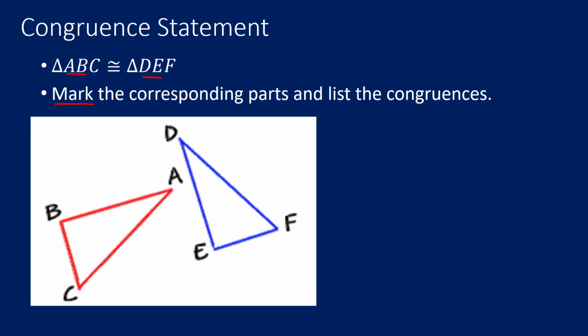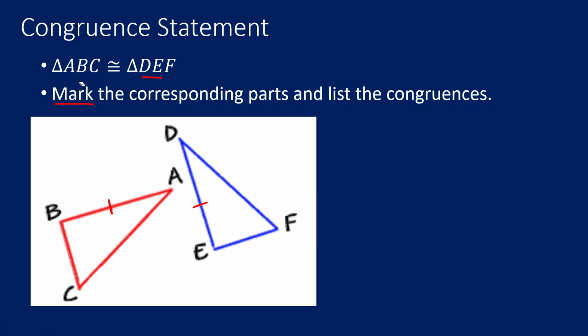It's easy to eyeball this one and see it, but occasionally it's not going to be clear which segment is going with which, so we need that congruent statement sometimes. AB, I'm going to put a little line on it, goes with DE. And when you see these markings, that tells you those pieces are congruent. You'll get used to seeing this. We're going to see it for the rest of the semester.